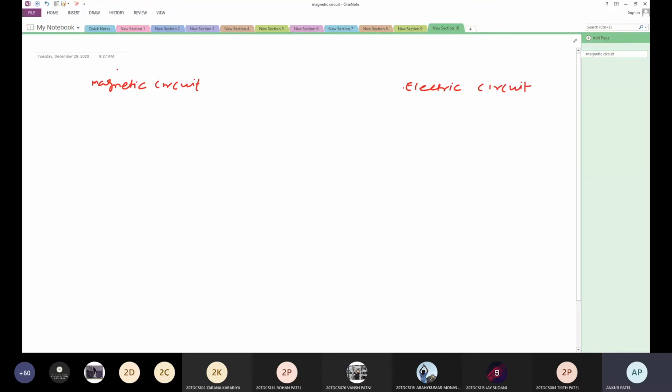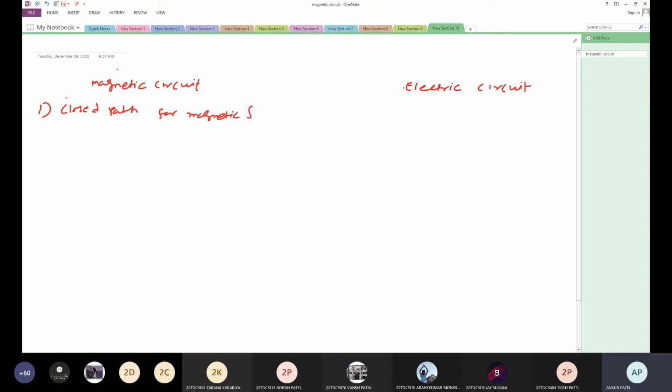Okay, so the first point is: the closed path for magnetic flux is called magnetic circuit.